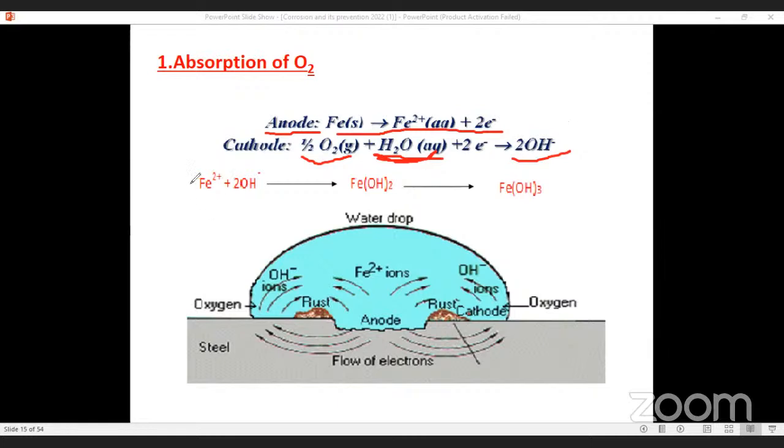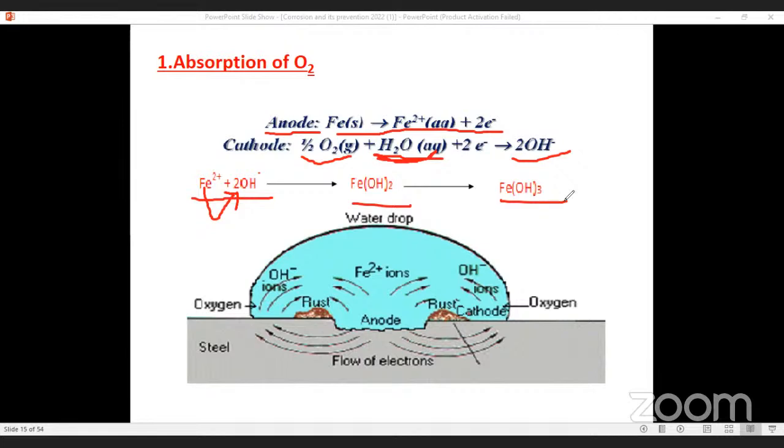Therefore, these hydroxide ions combine with the metal. Just now we said that the metal ion will be dissolved in the solution and produce metal hydroxides. Further, these hydroxides may produce metal oxide formation.